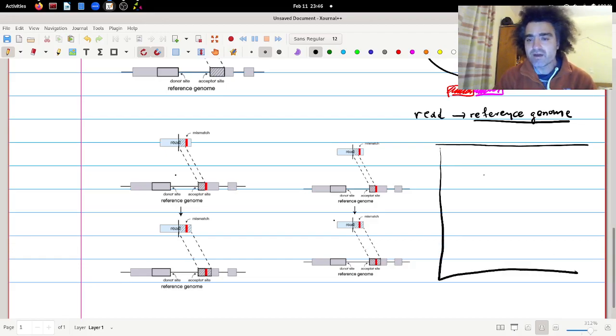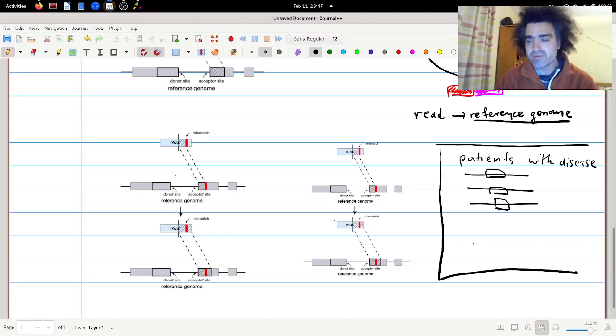We will have some patients that have the disease. So this is their genome, for example, and here is a single gene.